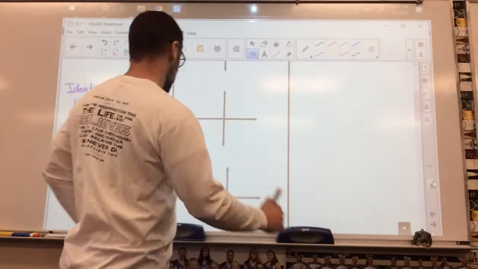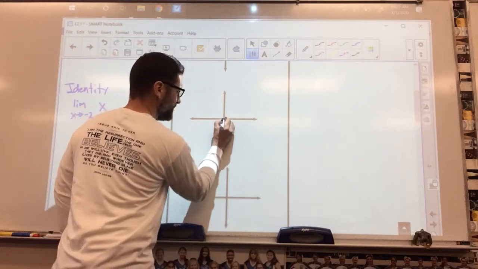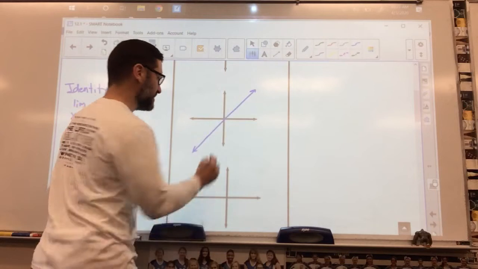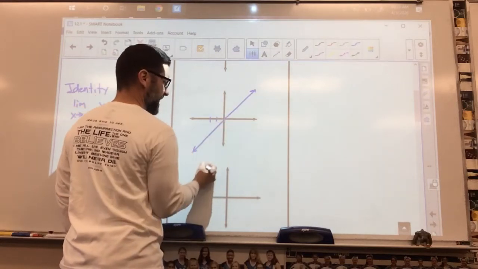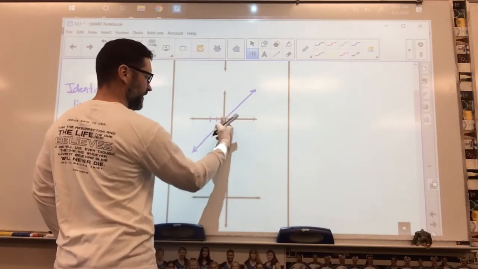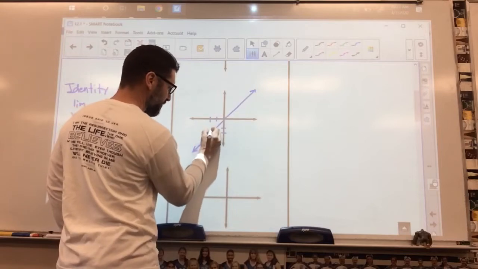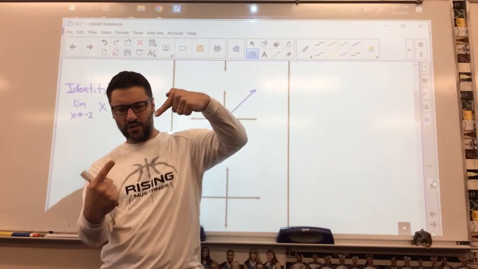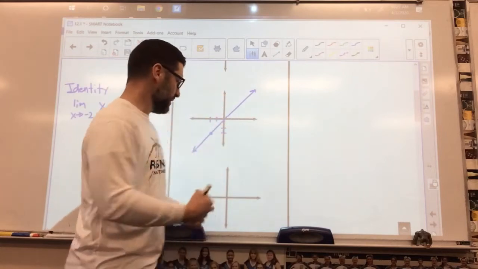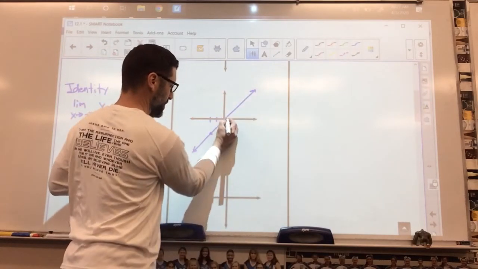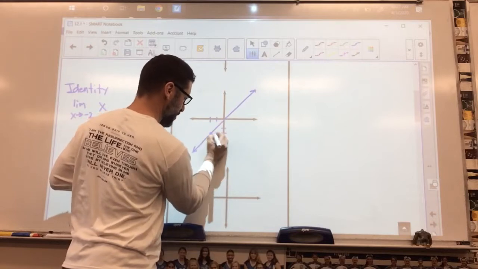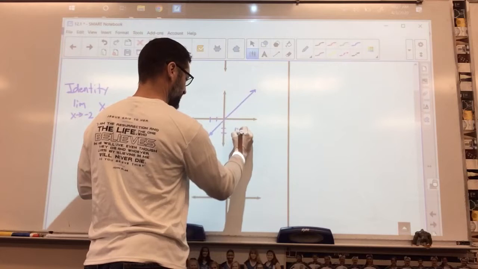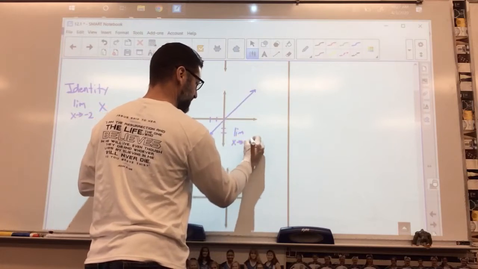Well, let's think about it from a graphical standpoint. y equals x looks like this. We've seen that many times. I want to know what the value is at -2. So if I go to -2 and I go to my graph, I'm right here, and I ask myself, as we get closer to that point, do those two ends come together? Well, yes, they do. So I go over to -2, I go down to the graph, I go over, and my value is -2.